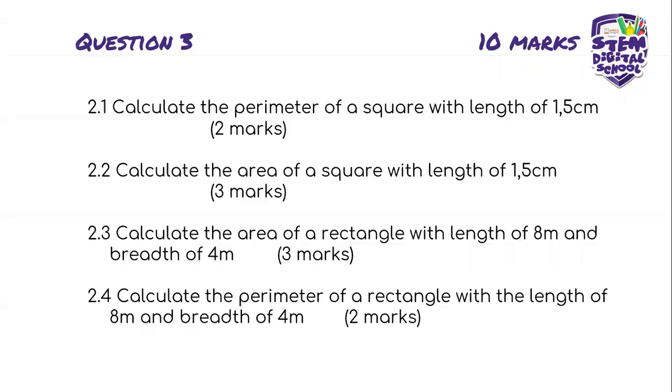When you are doing the area, then you will have to multiply the length with the breadth. Of course, the perimeter there is 2. Why do we have 2? Why do we have 2 multiplied by the length plus the breadth? Who can tell me?